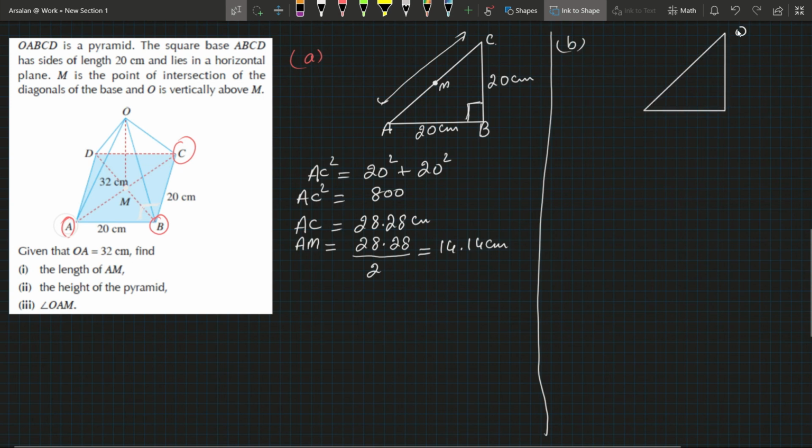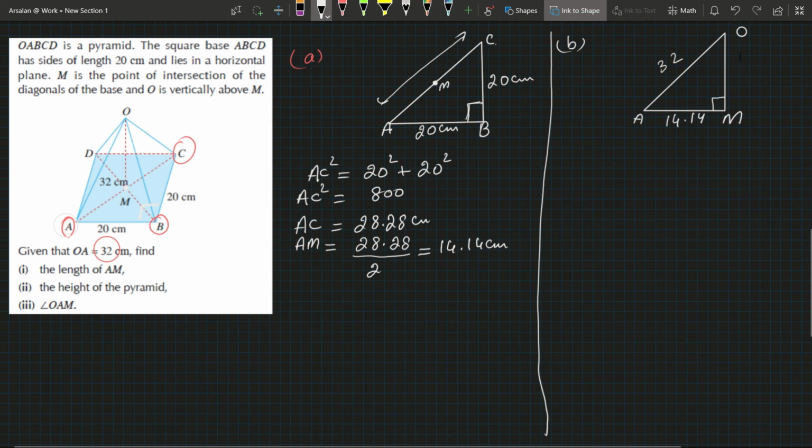This is O, this is M, and this is A. OM is unknown, we need to find it. It's a 90-degree triangle. AM we have calculated as 14.14, and AO or OA is given equal to 32. It was given in the question, right? This is 32, so I have taken it from here.